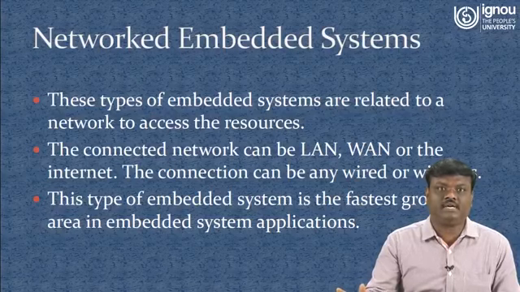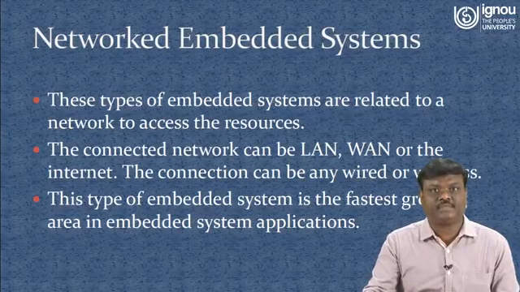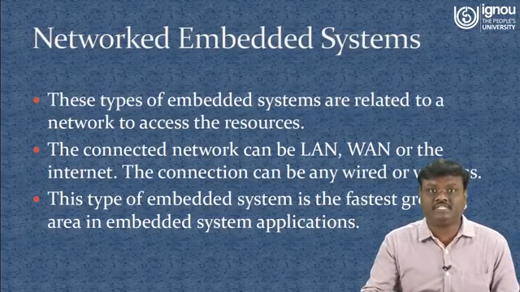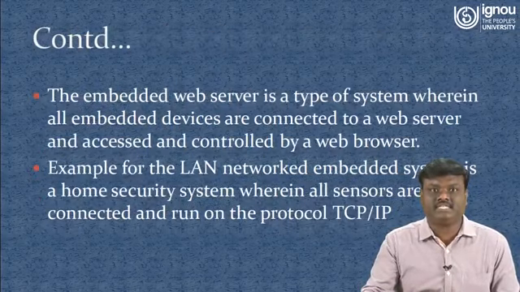That router consists of a network embedded system. This type of embedded system is the fastest growing area in embedded system applications. These are being used in the Internet of Things or Internet of Everything also.